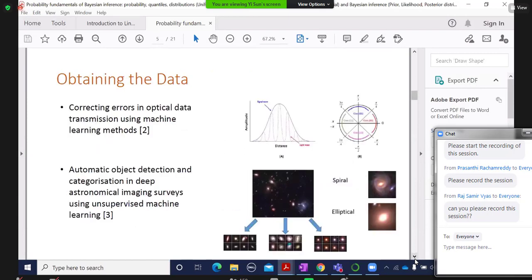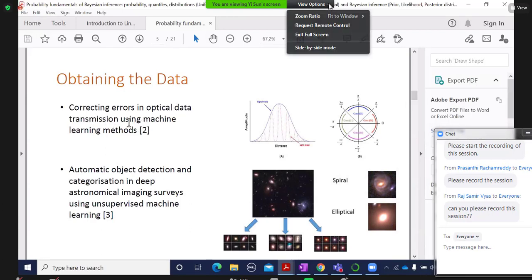Once you have selected the question you want to focus on, you need to think about what data you need to have and what data are available to answer your research questions. Here are two examples from our PhD student projects. The first one is about correcting errors in optical data transmission using machine learning methods. The data set includes many signal waves.